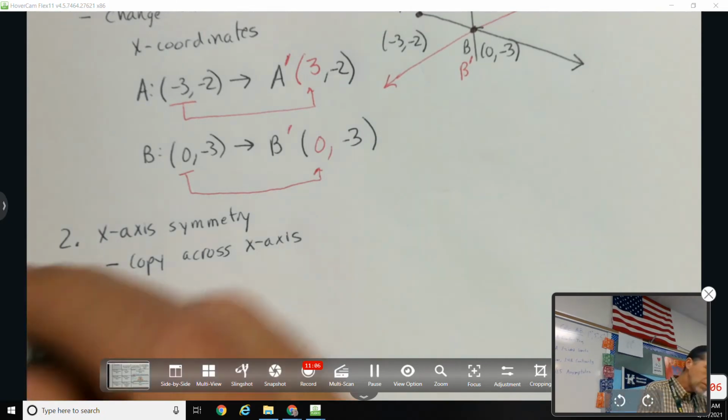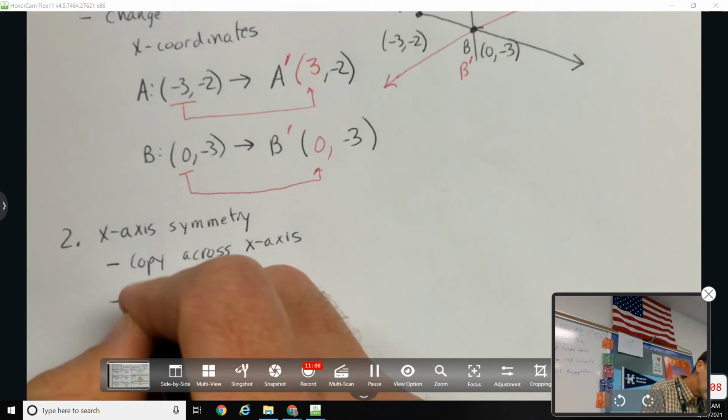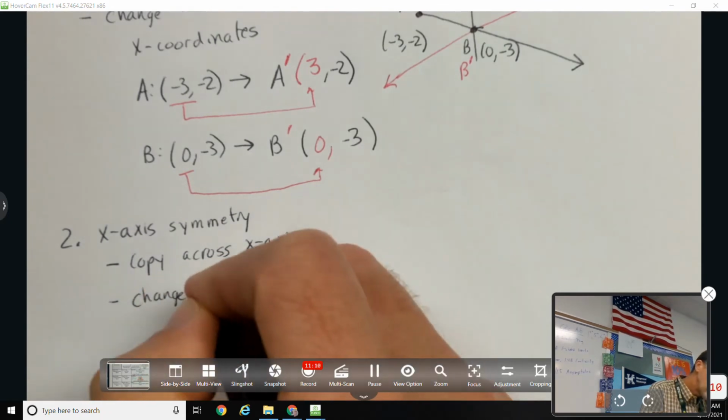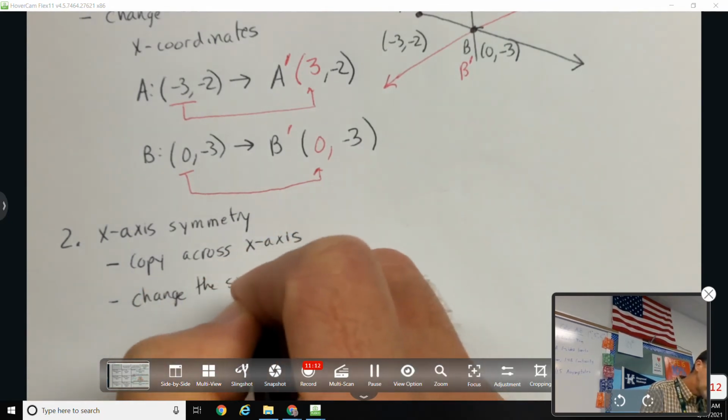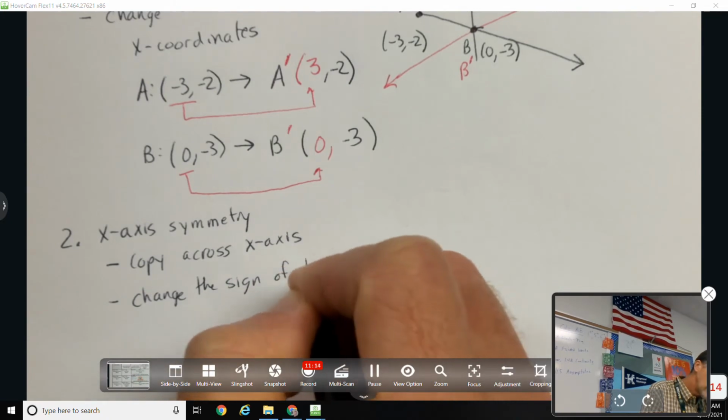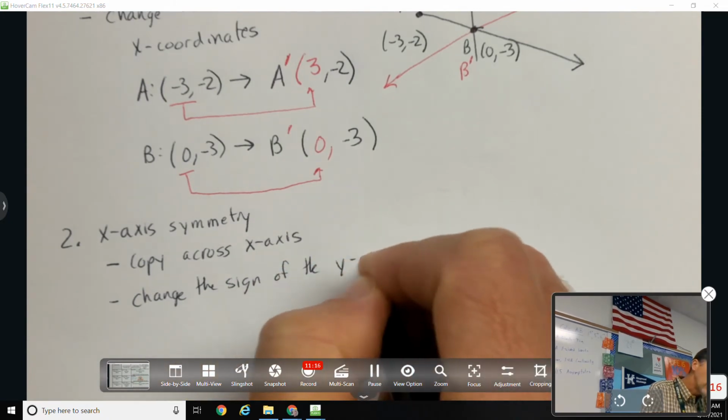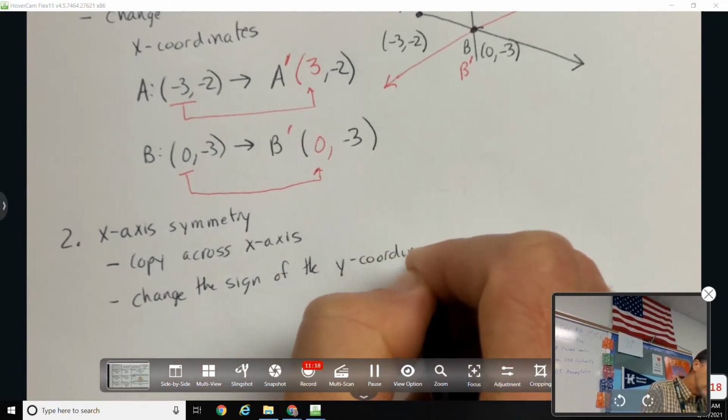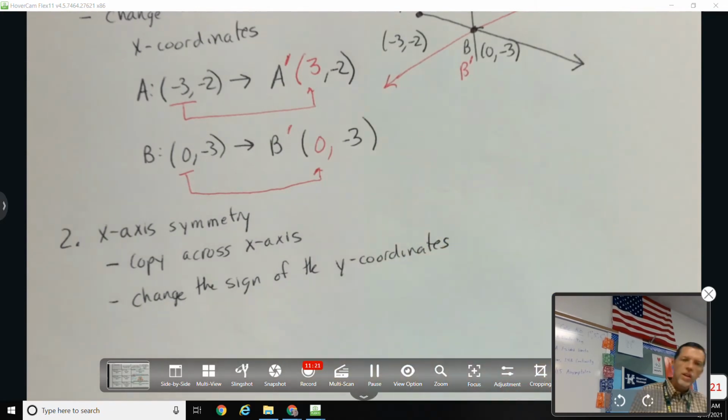If you want to get some exact points, we'll change the sign of the y-coordinates. So we'll change the sign of the up and down, and so that would flip it over the x-axis.